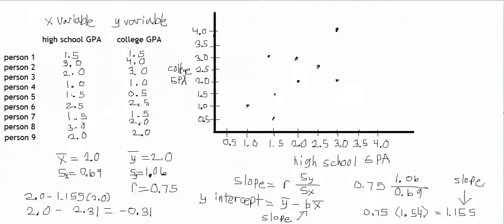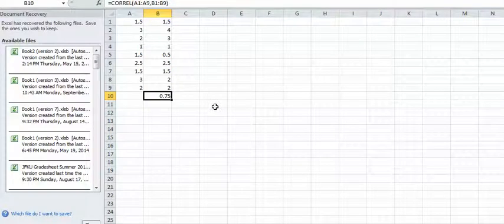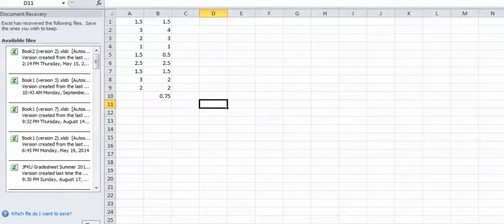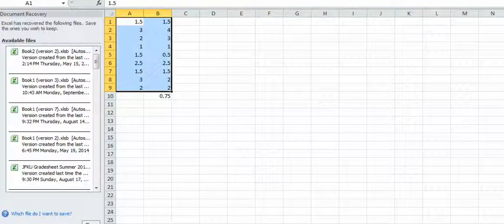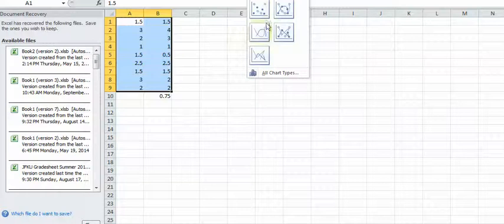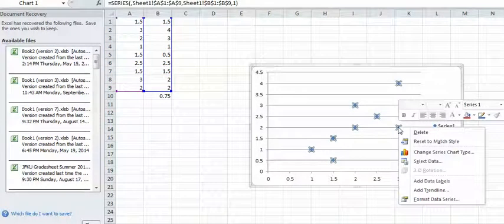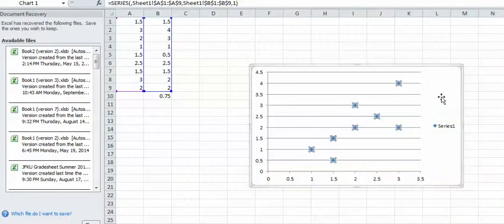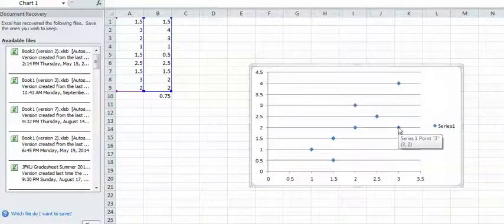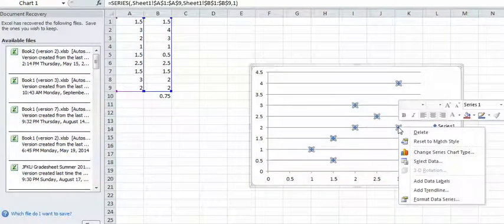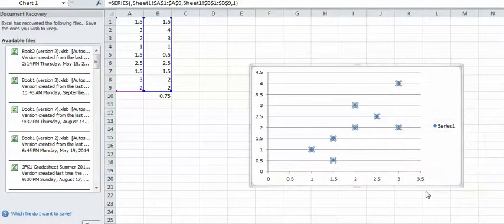And I want to check Excel to see if this is actually true. I'll create a scatter plot in Excel. Insert, Scatter. If we go right here, we can put the arrow above one of the dots, click on the right side of the mouse, and it highlights these, and then go to Add Trend Line.